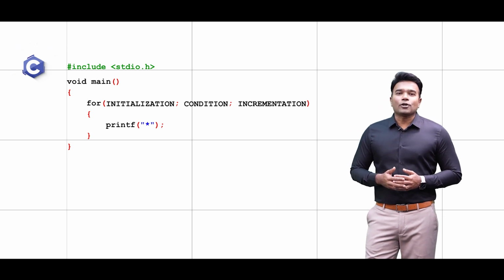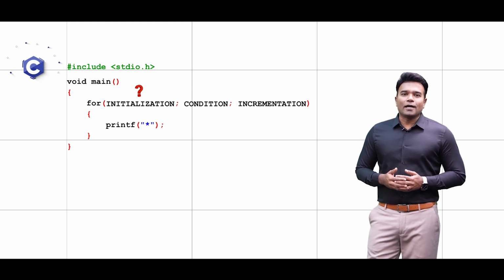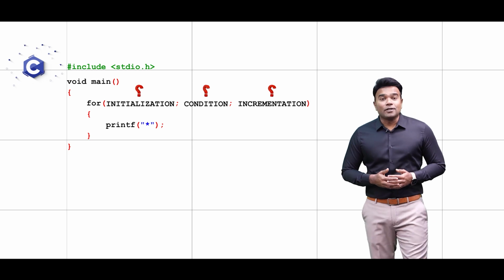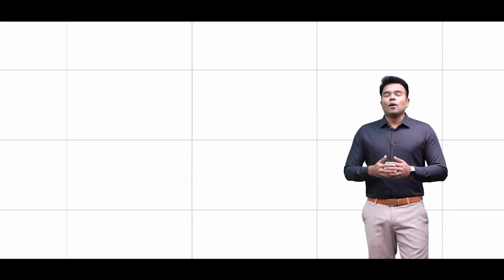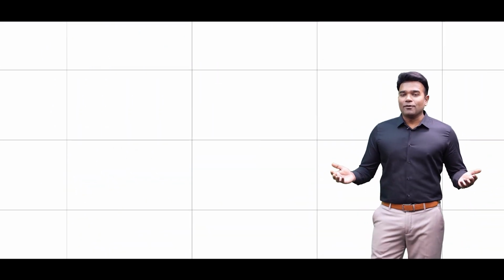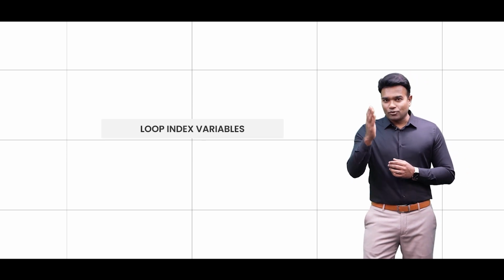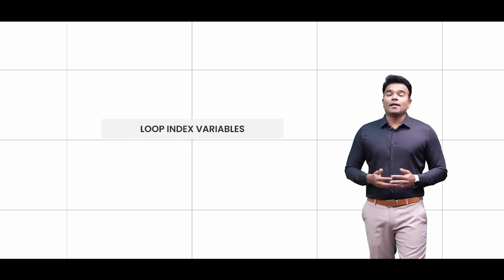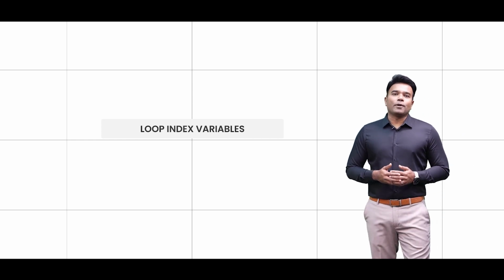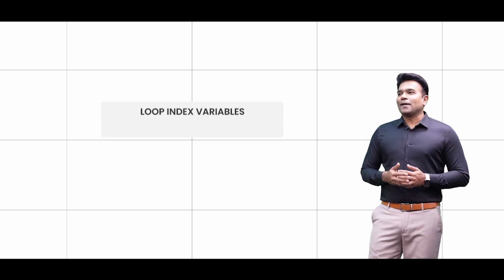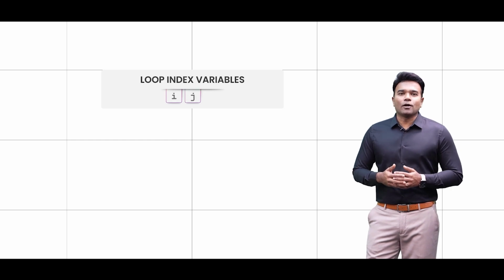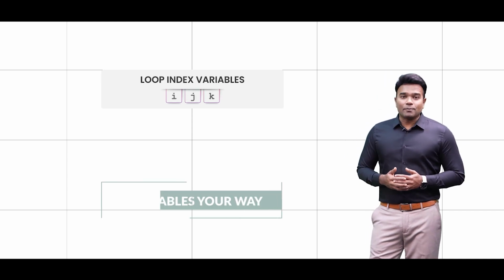So how should I set the value for the initialization, condition and the incrementation? Let me explain. Normally loops are associated with something called loop index variables. This might sound highly technical, but in programming, whenever loops are involved, we make use of variables such as i or j or k to construct and set up the loops.